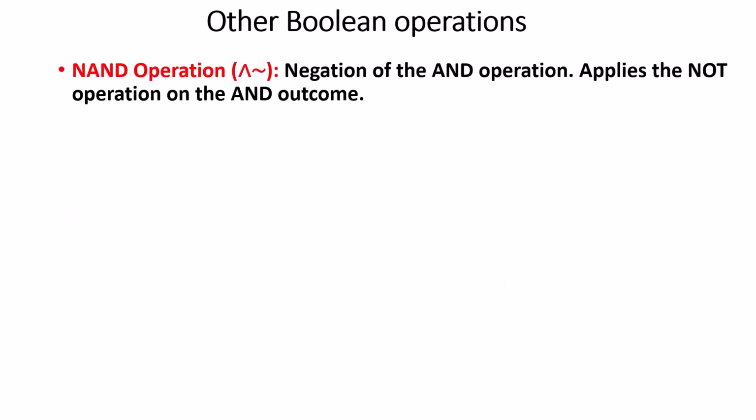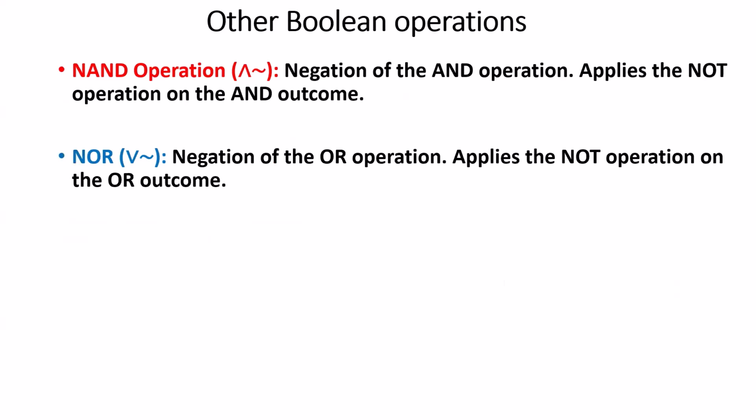In addition to AND, OR, and NOT operations, we also have the NAND operation, which stands for NOT AND and returns true, that is 1, unless both operands are true. The NOR operation is the negation of the OR operation and returns true only if both operands are false.